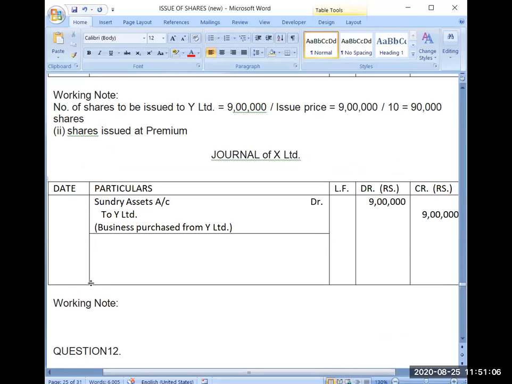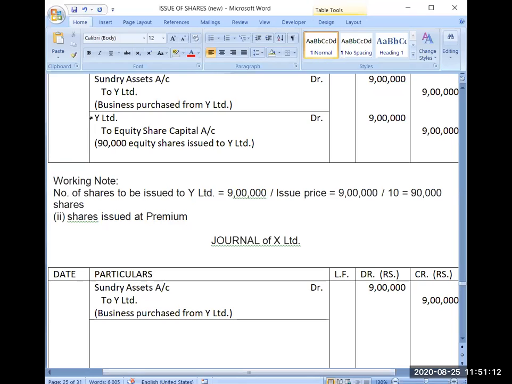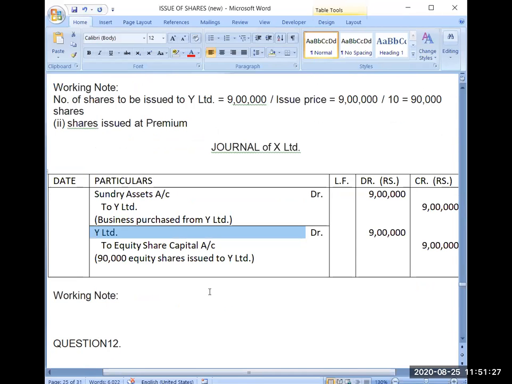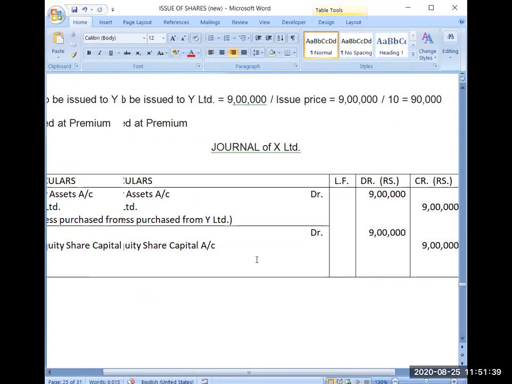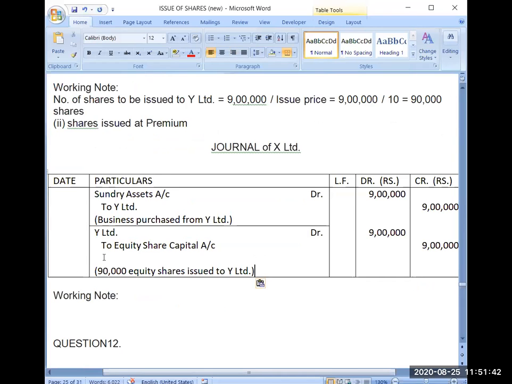Okay. Now coming to the second entry. So second entry will remain to an extent same. Only little change is there. Because this time you are issuing shares at premium.